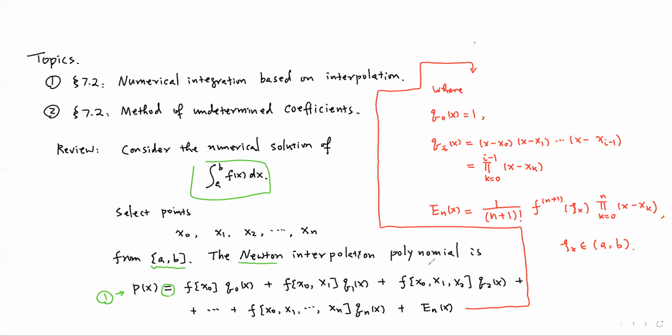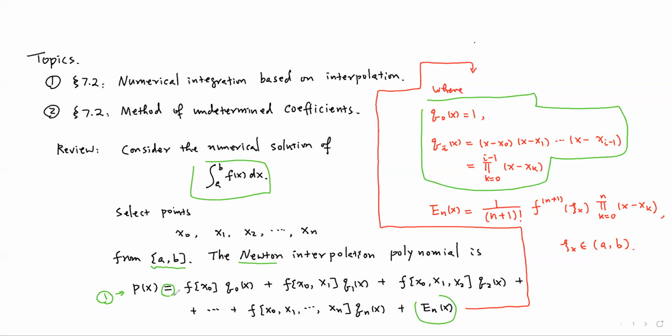This is a Newton interpolation polynomial, where Q is given here. And the error term is given by this expression, where psi x is between A and B.